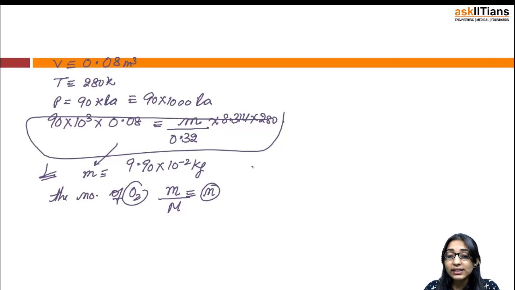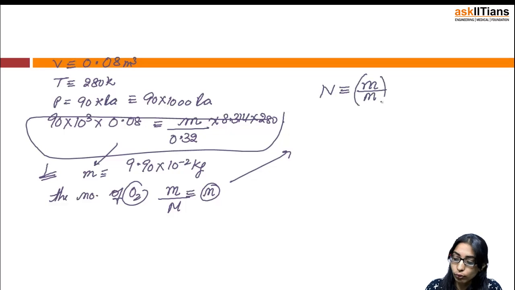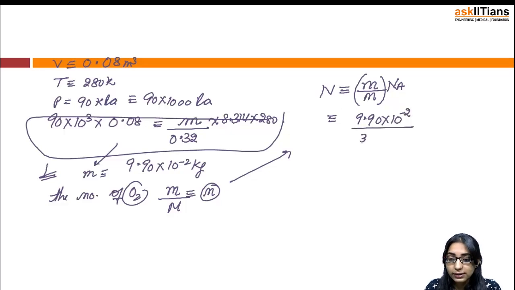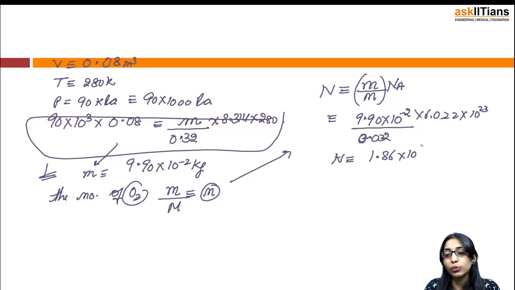So I can very easily write that N is given mass by capital M times Na. Putting in the values, the given mass is 9.90 × 10^-2 divided by 0.032, times 6.022 × 10^23. So the number of molecules comes out to be approximately 1.86 × 10^24 molecules.